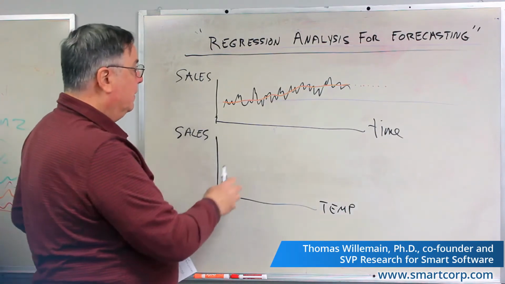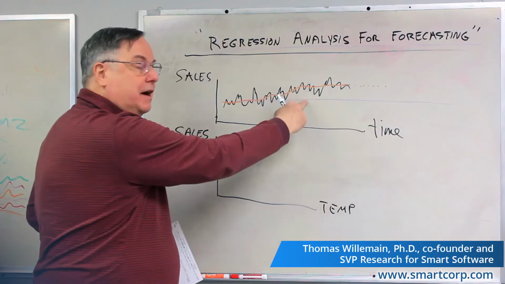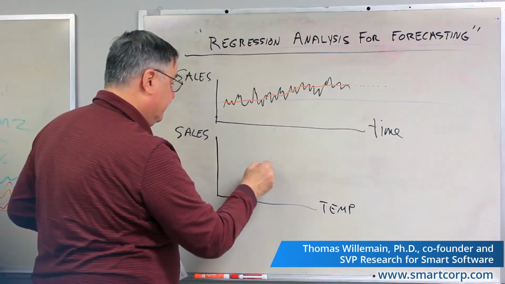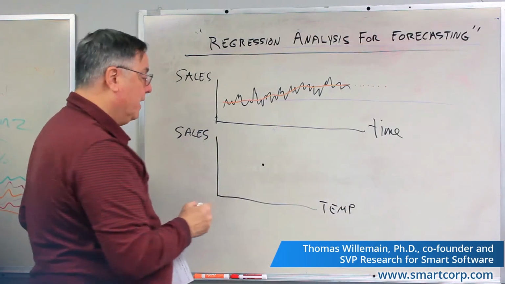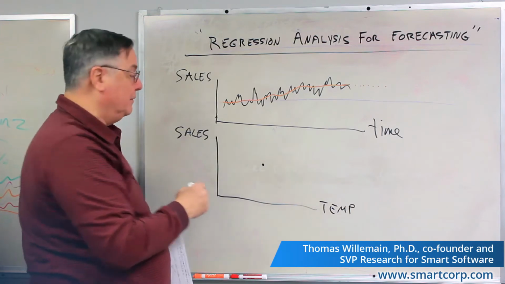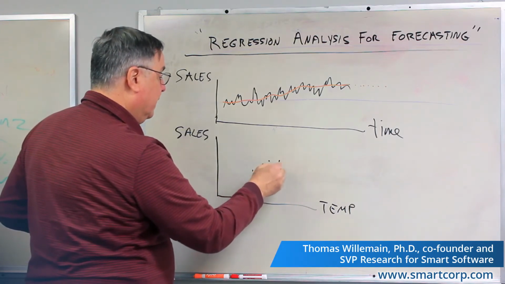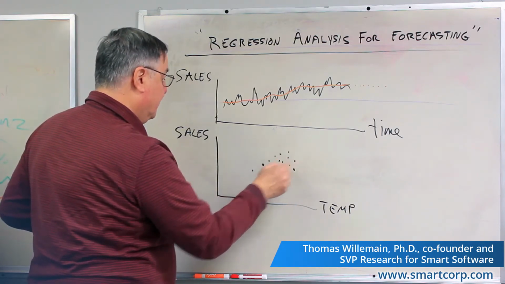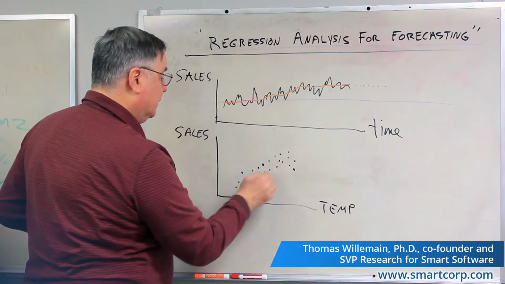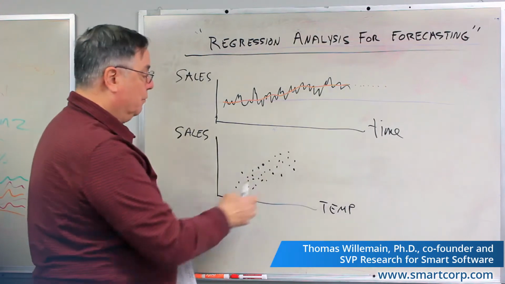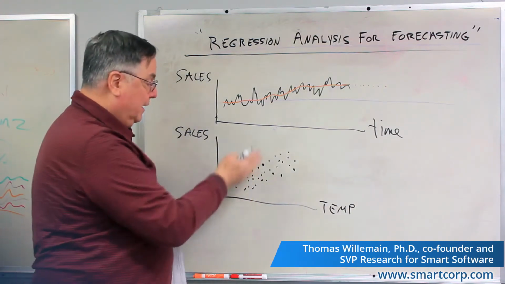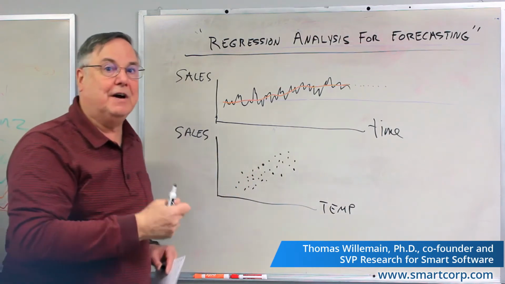So now, each point in this time series becomes a dot in this graph, because at a certain day, there's a temperature and there's a sales level. And by looking at two time series and making this sort of a plot, we get what's known as a scatter plot, relating observed values of temperature to observed values of sales. And if you see a picture like this, then you've got something.